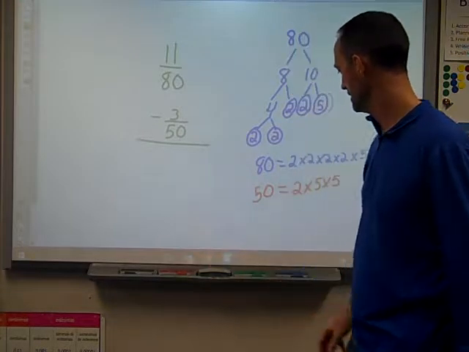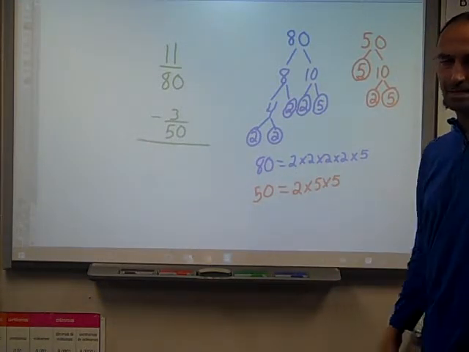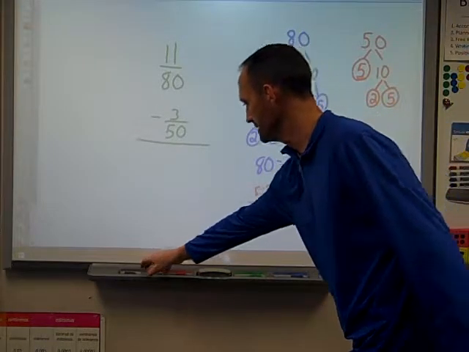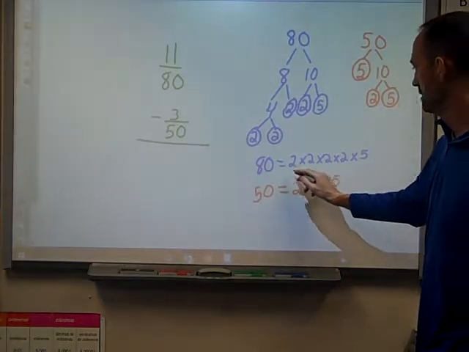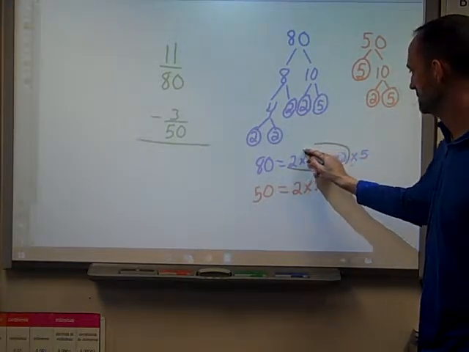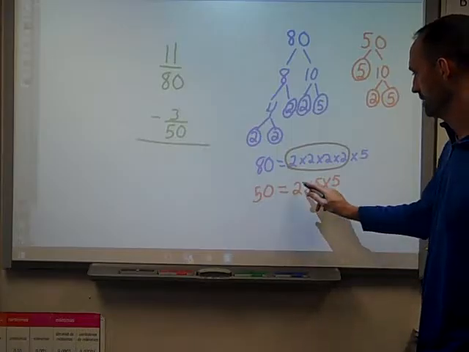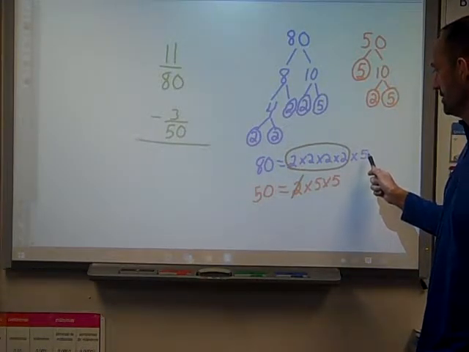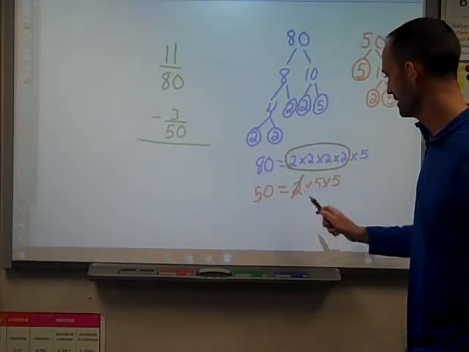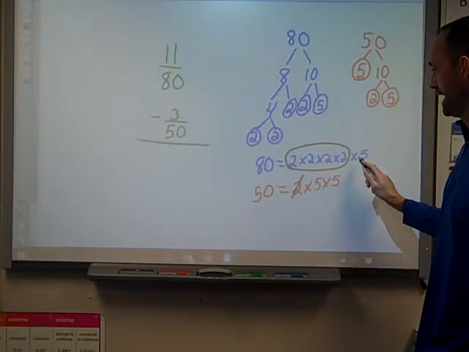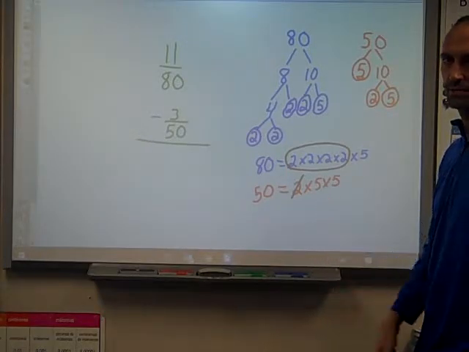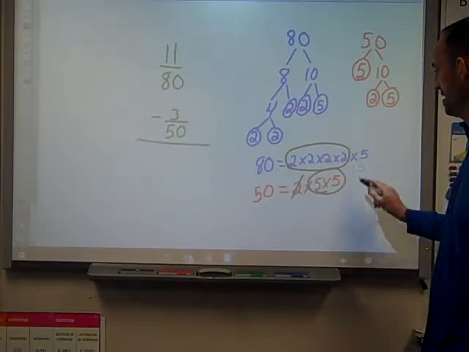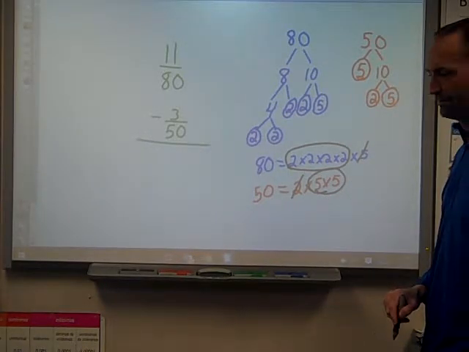Okay? So I look, 80 and 50 both have 2's as prime factors. I'm going to take the one that has more. 80 has 4 of them, so I'm going to take all of them and get rid of that one. Then I look, they both have 5's. 50 has 2 of them. 80 only has 1. I use the one that has more, so I'm going to take both of those 5's, cross that one off.